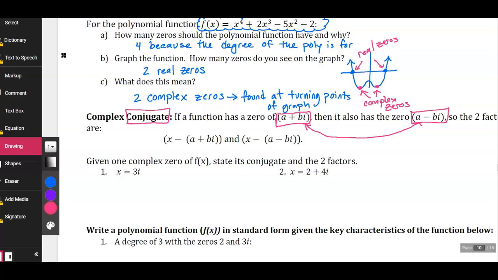So all we did was take the addition between and change it to subtraction. These are called conjugates. There's always a pair, a plus or minus of imaginary zeros. Always, always, always. If we think of the quadratic formula, remember in front of the square root, there's a plus or minus. Always, right? Meaning you are always going to have the opposite version of the imaginary zero as well.